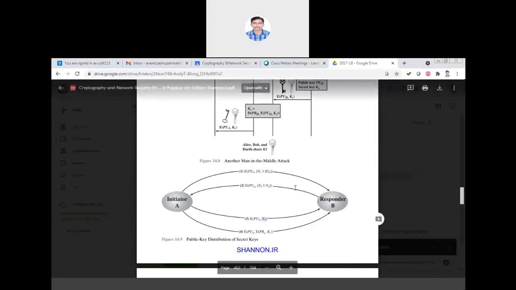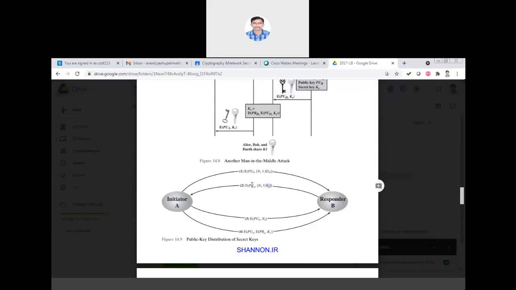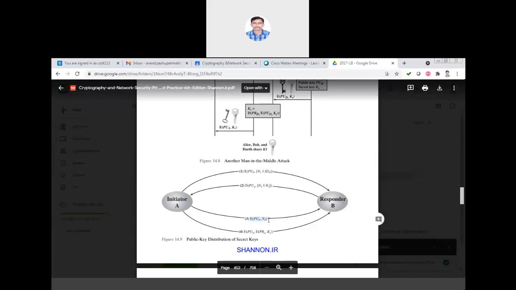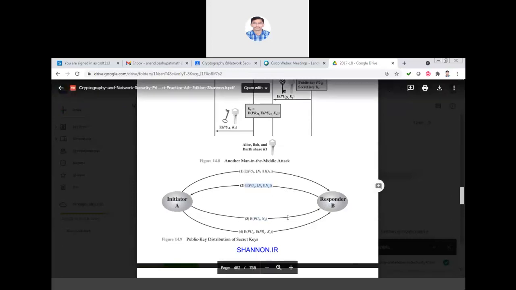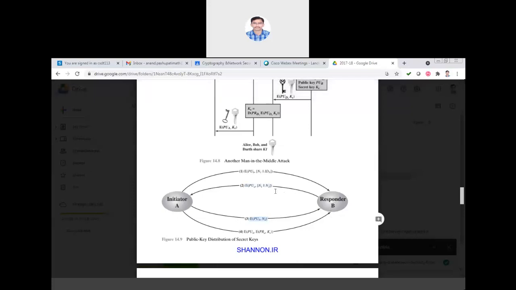It means that B sent N2 using A's public key, which could be decrypted only by A. If B gets the same N2 back, it means the second transaction could be opened only by the genuine person, A himself. So with the third step, B can make sure that the second communication reached A, and the claiming person is A himself.